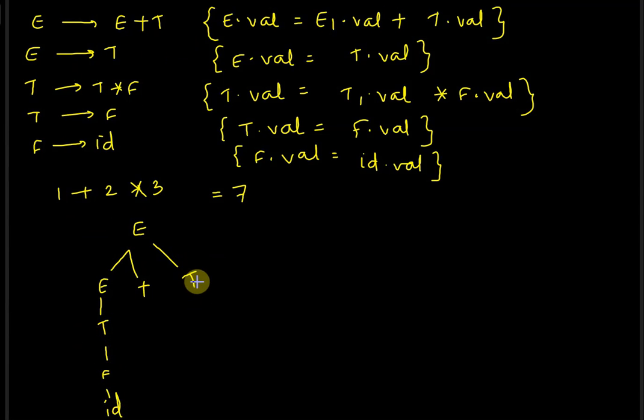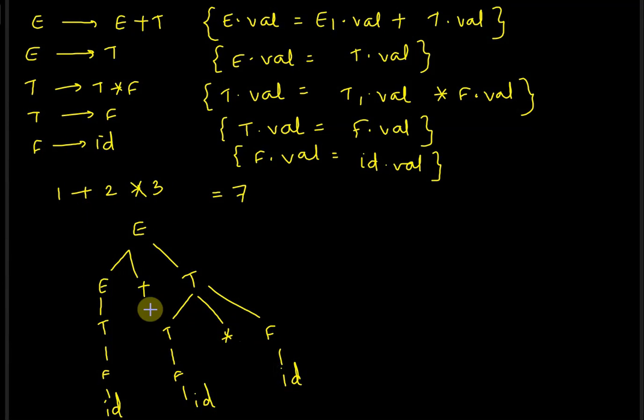In place of this T, I'll substitute T into F. Again for this T, I'll substitute F. For this F, I'll substitute ID, and for this F, I'll substitute ID. So I have derived this string.